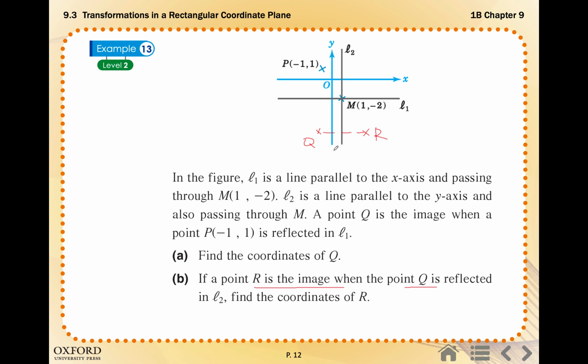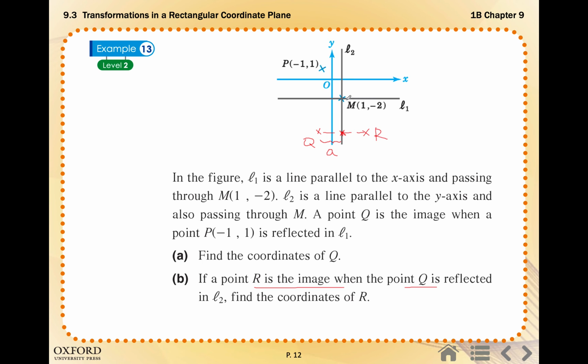And Q is the original point here, and R is the image of Q. And then also in this case, you need to find the distance between the point Q and L2. And because this is the horizontal line, you have to use the difference of the X coordinate of point Q and this point.